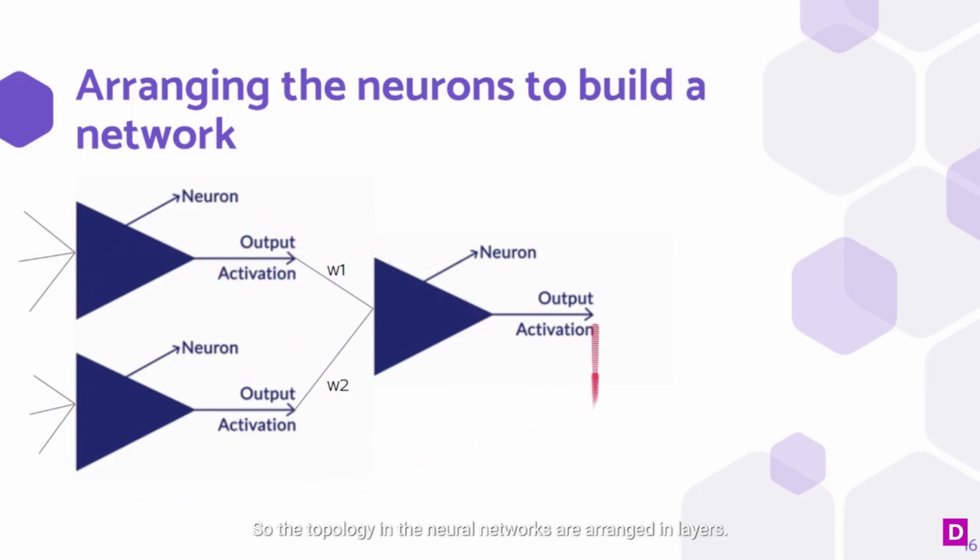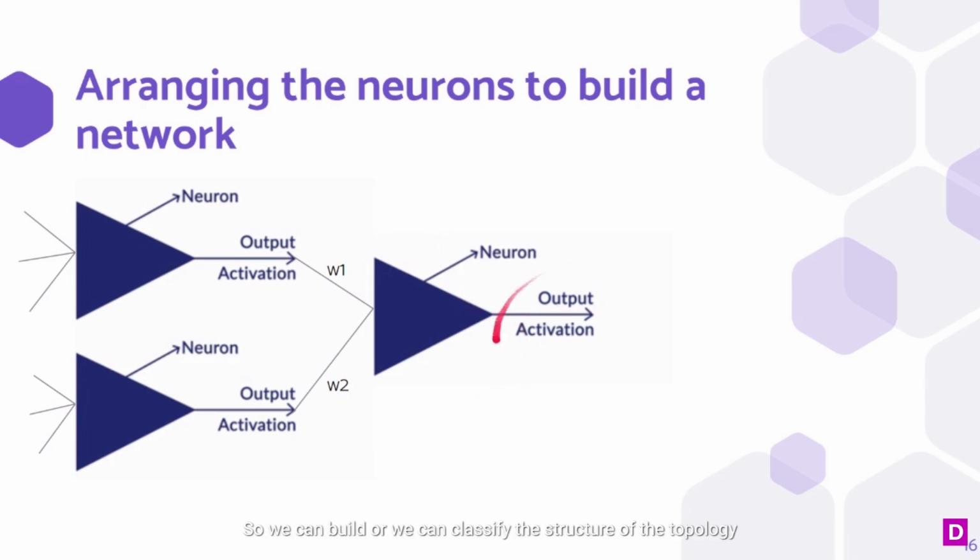So the topology in neural networks is arranged in layers. The first and the last layers are called the input and output layers. The input layer has as many neurons as the number of attributes in the data set, and the output layer has as many neurons as the number of classes of the target variable.